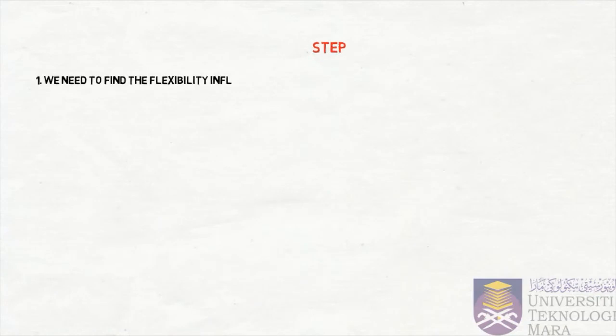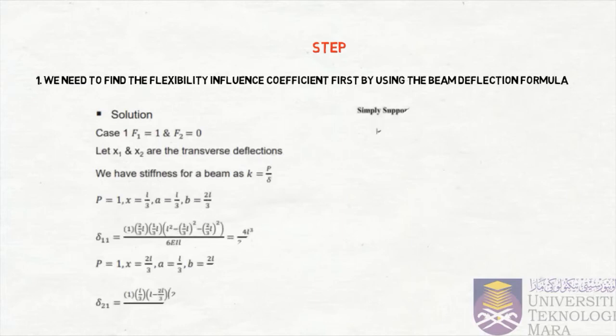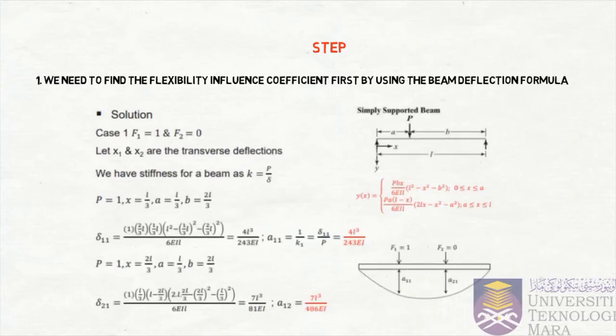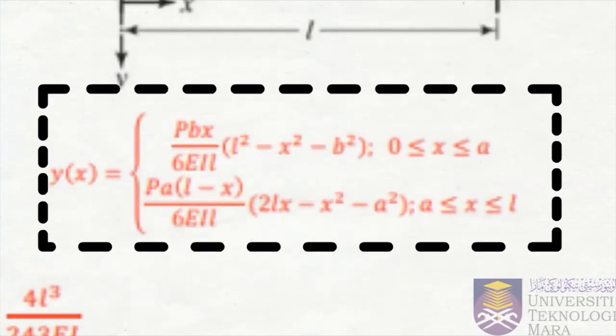For the first step, we need to find the flexibility influence coefficient first by using the beam deflection formula. For case 1, F1 is equal to 1 and F2 is equal to 0. This is the beam deflection formula.